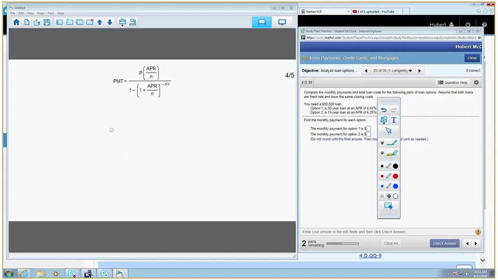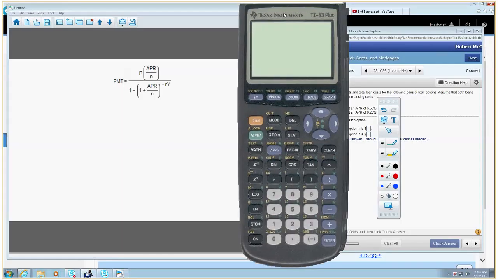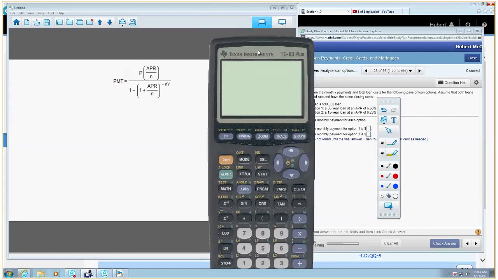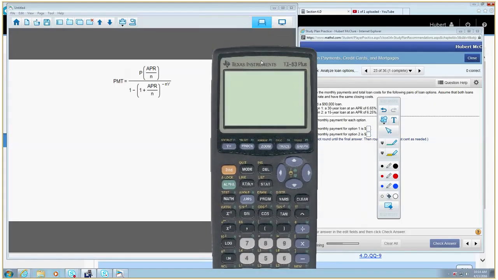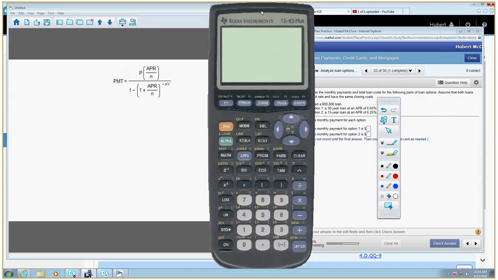All right, I'm going to work this with the handy dandy calculator. Miss Lancaster, can you see that okay? We'll have to come down a little bit. That's not affecting y'all, because I blew this up. I forgot all about blowing up your screen.